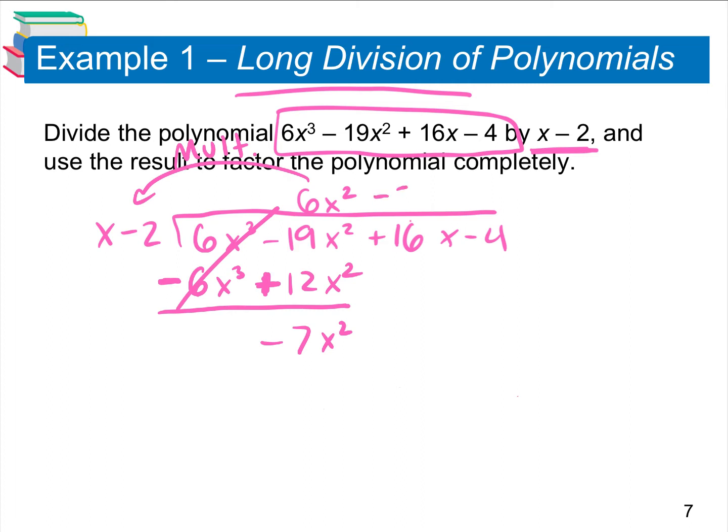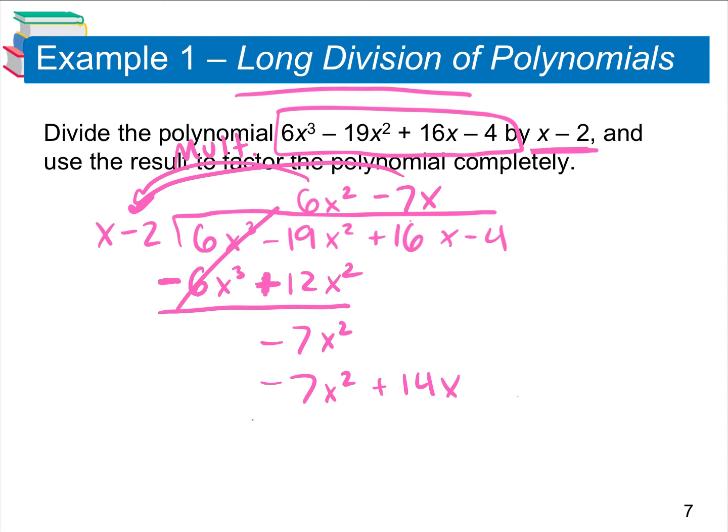Negative 7x, perfect. Then once we write it up top, we multiply it by both things on the outside. Negative 7x times x would be negative 7x squared. And negative 7x times negative 2 would be positive 14x.